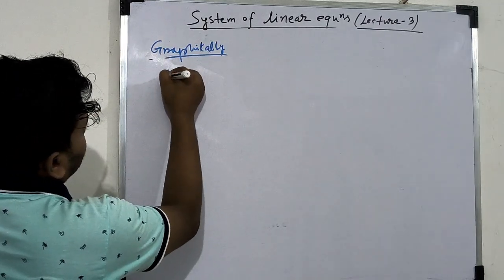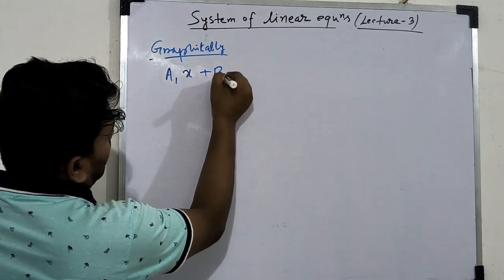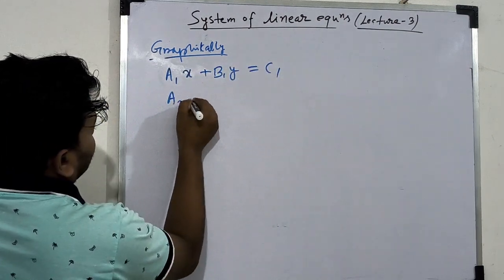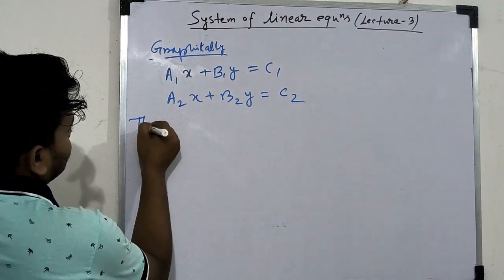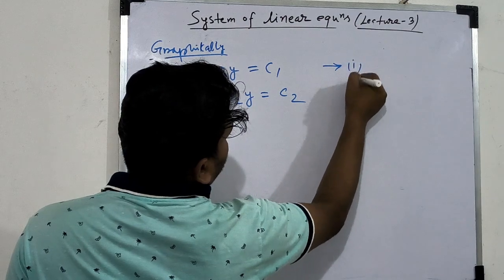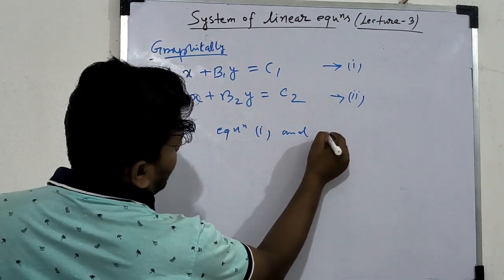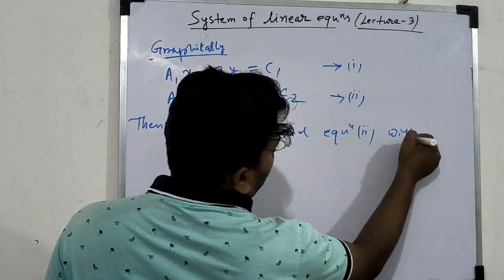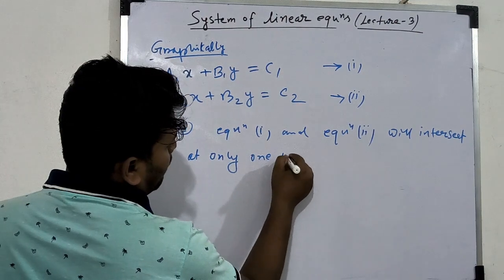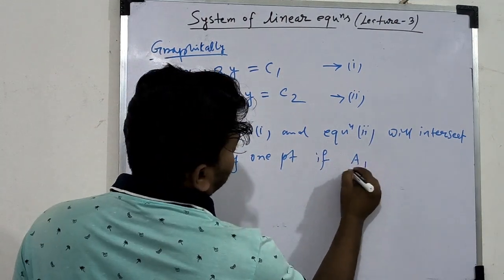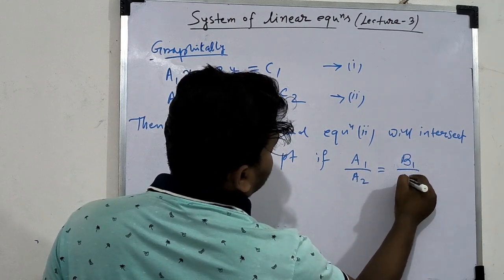First you have to know, if there are two equations, a1x plus b1y equal to c1 and a2x plus b2y equal to c2, equation number 1 and equation number 2 will intersect at only one point if this ratio a1 by a2 is not equal to b1 by b2.